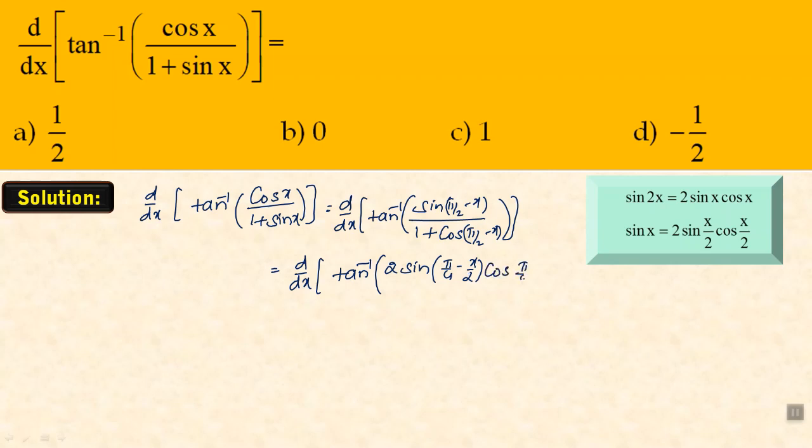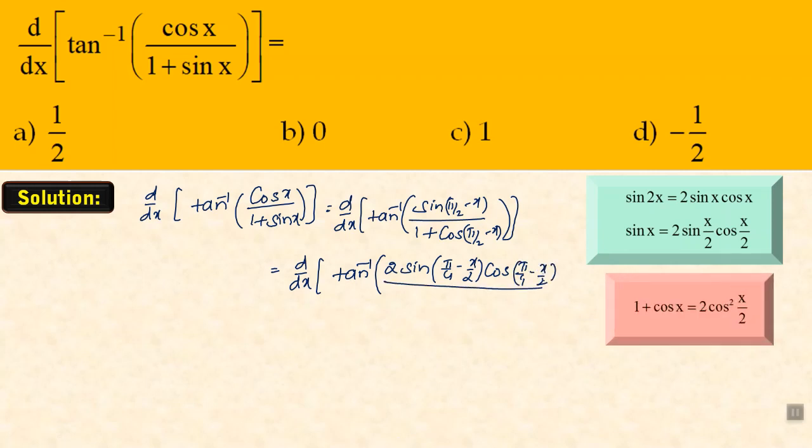divided by, we know that 1 plus cos x is equals to 2 cos square x by 2. Here consider pi by 2 minus x as x. So here 2 into cos square x by 2, that is pi by 4 minus x by 2.